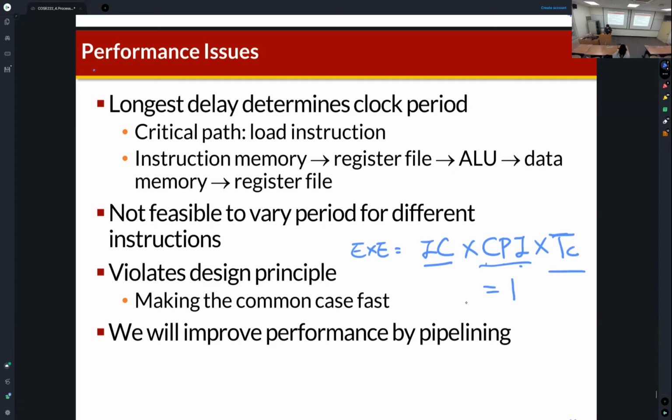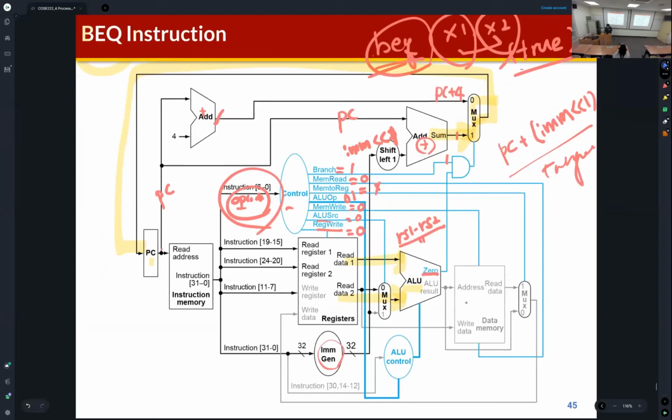But if we use the single cycle processor, then performance can be low. It is because the critical path is so long. What does that mean? I said that these are hardware components, and other components have delay. So if certain input signals are given to a hardware component, after some delay, outputs are generated.